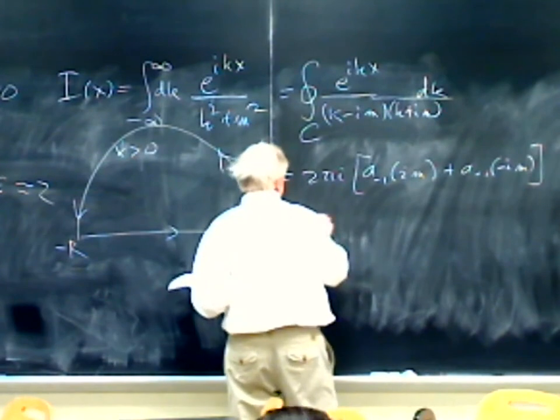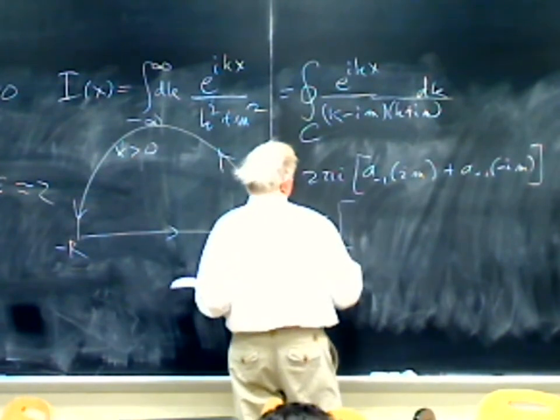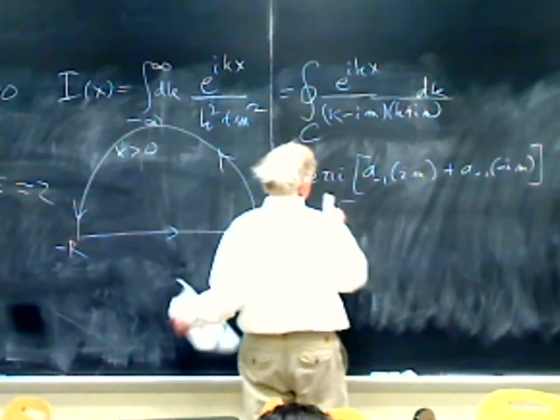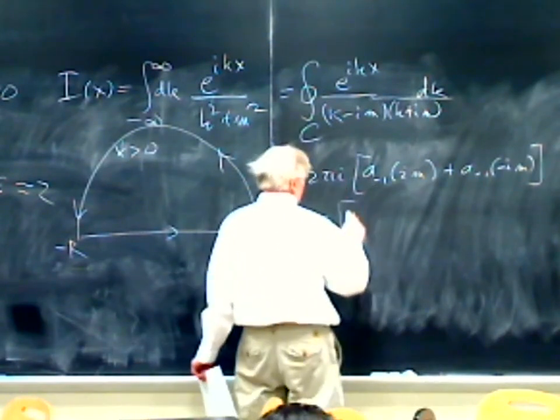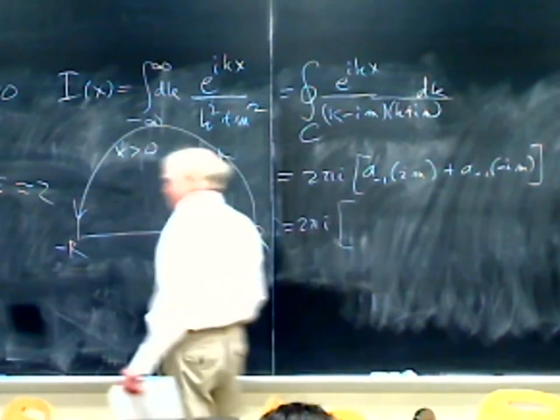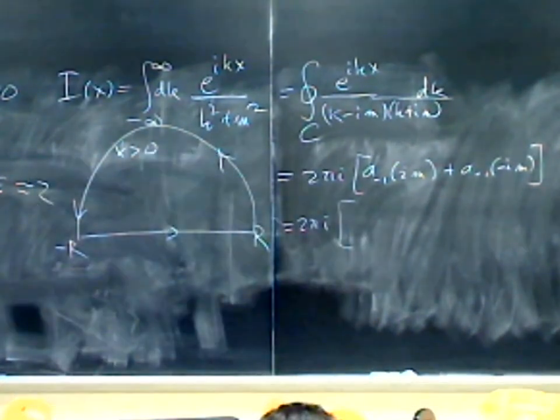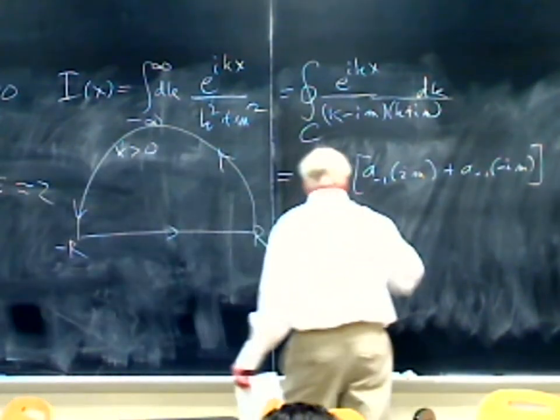And this will be 2 pi i times the residue at im. Let me put in the limit to make this clear. The other way of doing it is in the notes, so you can read that one as well.